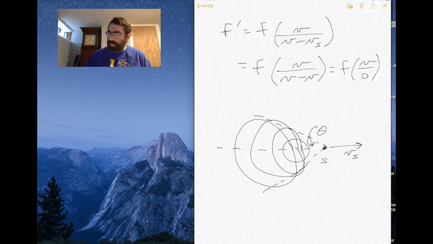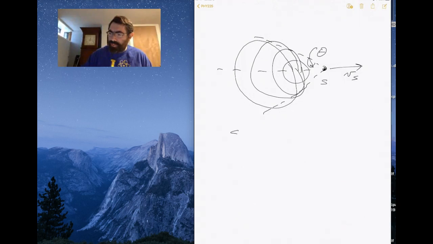So it turns out that the sine of this angle, if we do some geometry, looks like the speed of sound divided by the speed of the source, which will give you the shape of that cone.